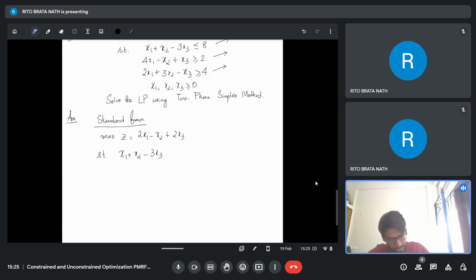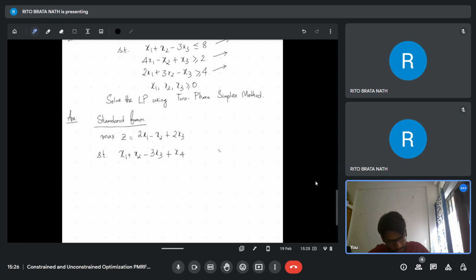So you have to add one slack here, so it equals 8. Then you have 4x1 minus x2 plus x3. Then you have to subtract something from here, so that's x5. And for that, you have to add something here, so that equals 2.